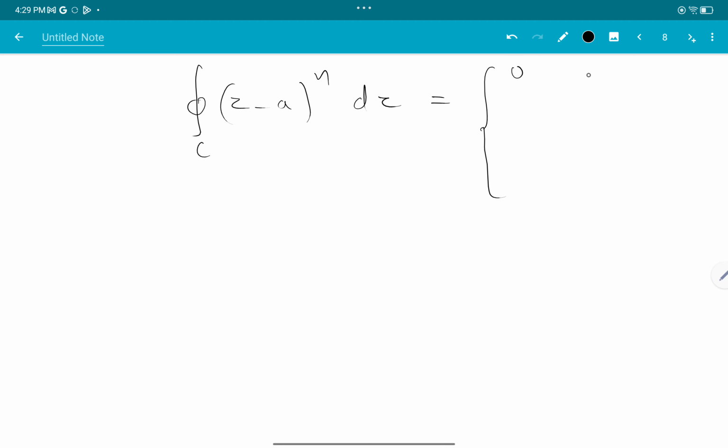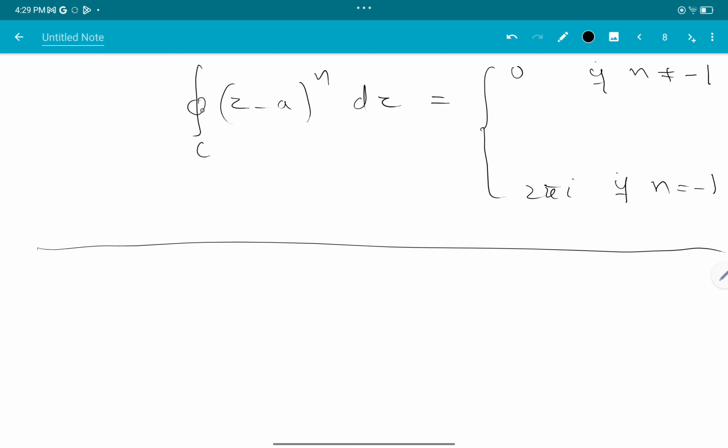Number 1, 0 if n is not equal to minus 1, 2 pi i if n is equal to minus 1. Please remember this integral. We call it the little important integral, or important little integral. It will be very important for us for establishing Cauchy's integral theorem and integral formula. Okay, thank you.